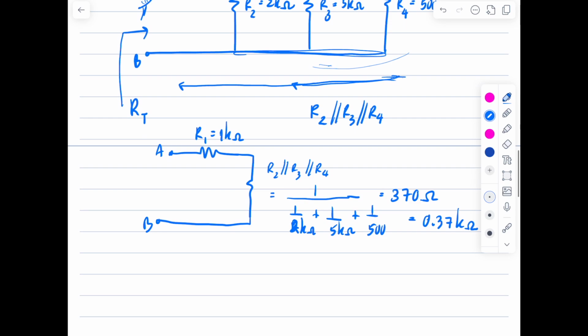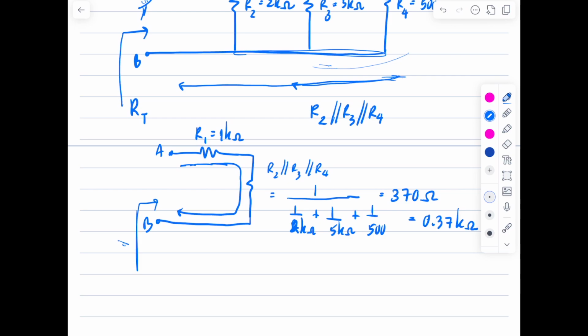Now you have this circuit where the three resistances are combined in parallel. You can imagine that if your current is coming from point A going to point B, the current would flow through R1 and this 370 ohms. They would have the same current flowing through, so they are connected in series.